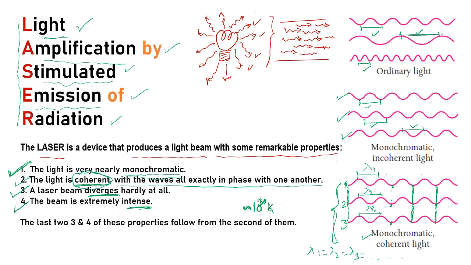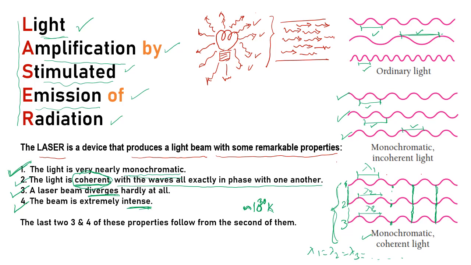If it's not coherent, it's not going to be narrow, it's not going to be intense, because when it is coherent, it is monochromatic and in phase. So everything is in phase, in space and time. That way it hardly diverges, and that's why its energy density is very high. So this is what light amplification by stimulated emission of radiation is about, and its properties.